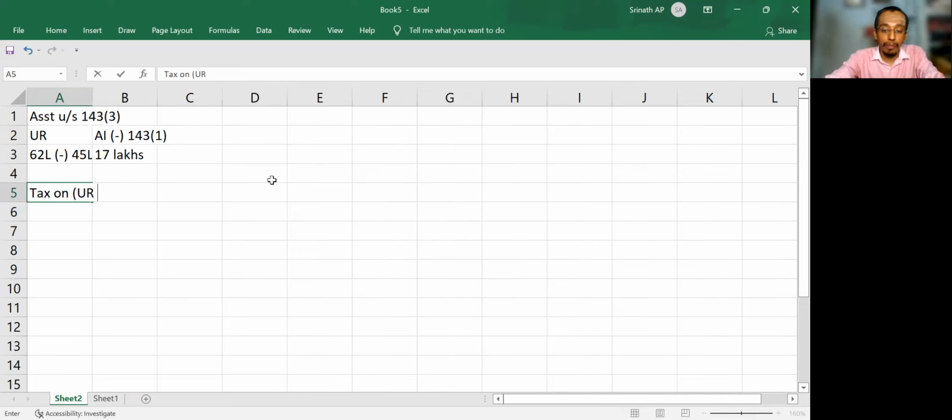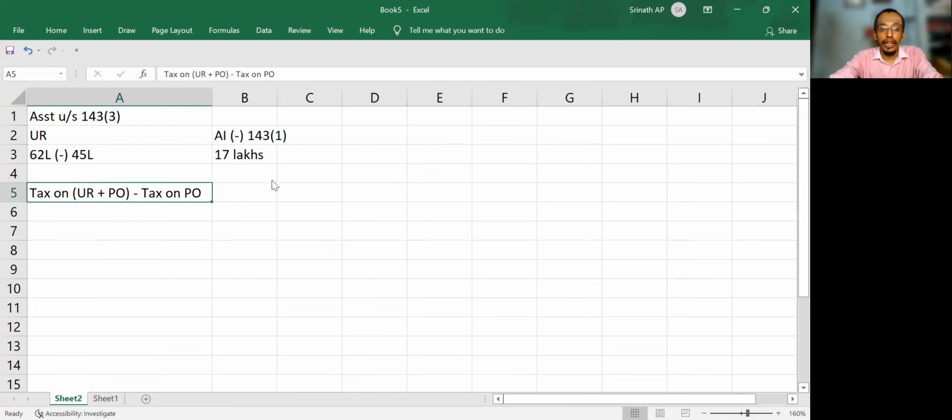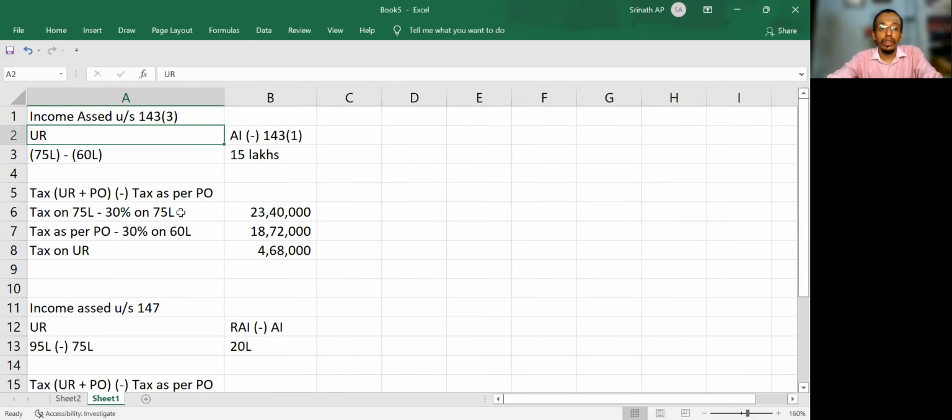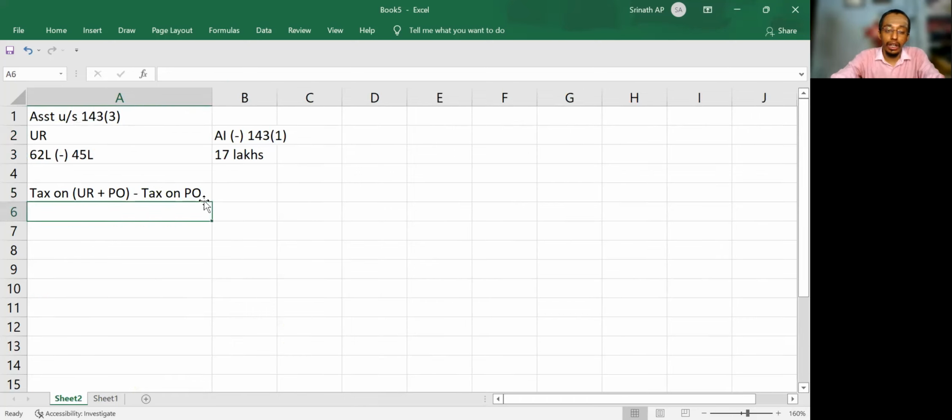on underreported income plus previous order minus tax on previous order. Underreporting of income is 17 lakhs.